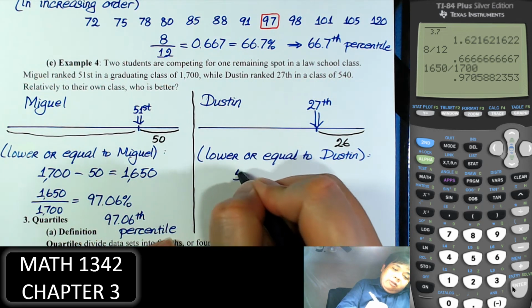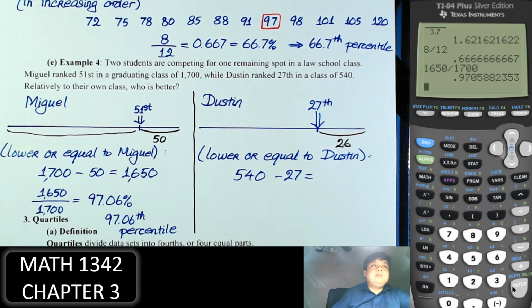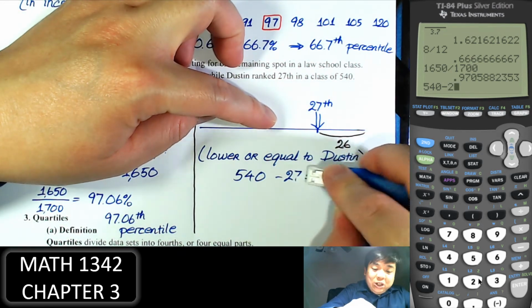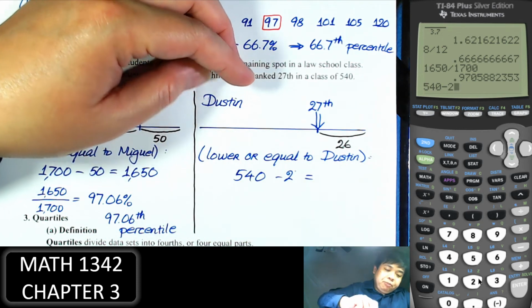There's the class of 540 minus 27. Sorry, minus 26, because only 26 people rank higher than him.